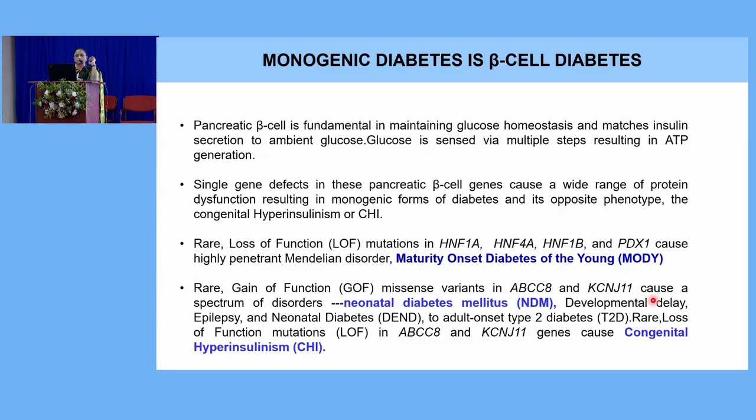Monogenic diabetes, as you know, is only beta cell diabetes. The pancreatic beta cell is very fundamental in maintaining glucose levels, and it has to match insulin secretion to ambient glucose.